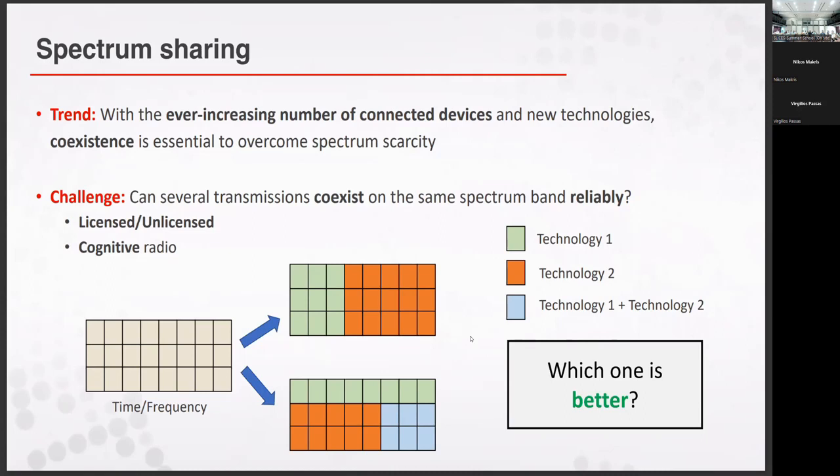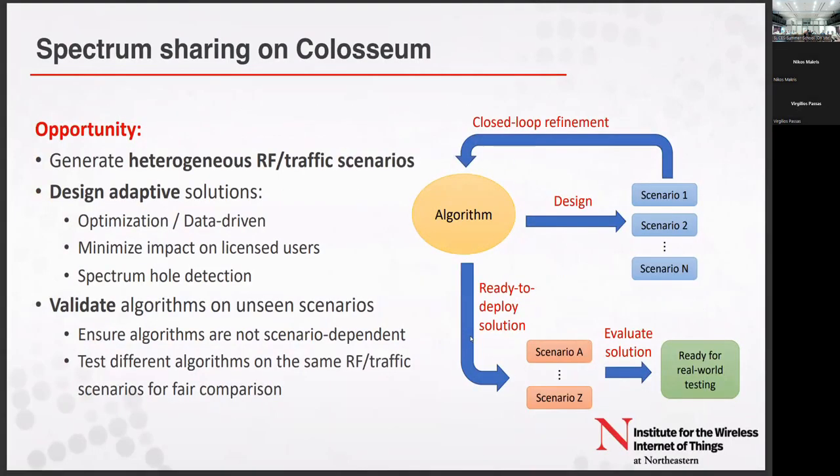In the US, there is a framework called CBRS, Citizens Broadband Radio Service, which allows you in the 3.5 to 3.7 gigahertz spectrum to share spectrum with an incumbent user. So this topic area became very important, at least in the US, around spectrum sharing. And Coliseum is inherently built to support that.